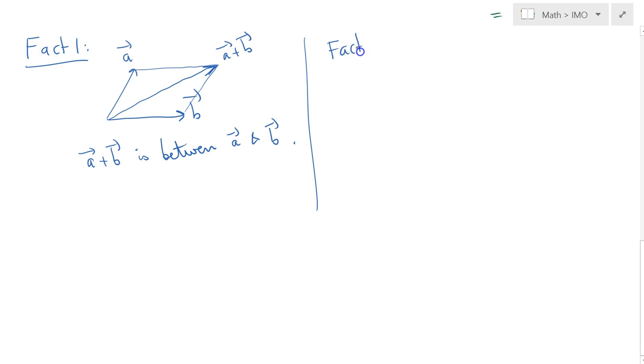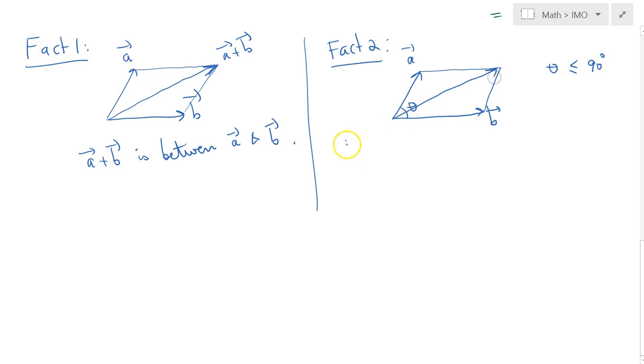The second fact, which is slightly more technical, is this: if again you have two vectors A and B, and the angle between the two vectors, let's call it theta, is less than or equal to 90 degrees, then the claim is that the sum vector, the sum of these two vectors, in magnitude is greater than or equal to the magnitude of either of these two vectors.